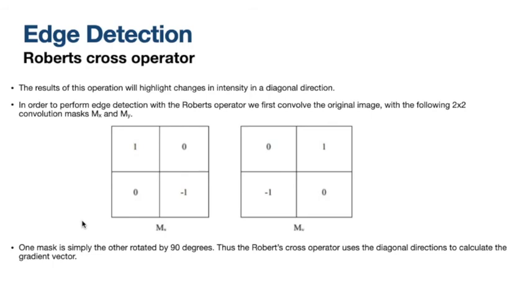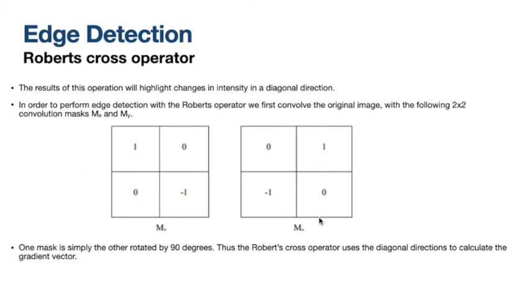In order to perform edge detection with this Roberts operator, you convolve the original image with these two convolution masks, Mx and My. Mx is 1 0, 0 -1 and My is 0 1, -1 0.